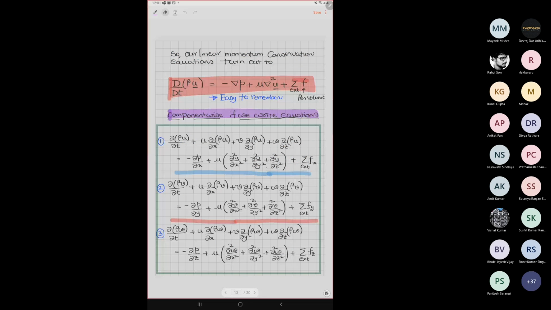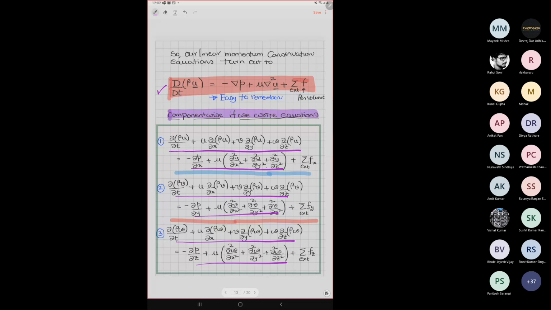So the same Newton's equation of motion, if I am going to apply it in 3 dimensions, minus del p plus mu del square u, you write it in such complicated terminology. Remembering such a structure is not possible.